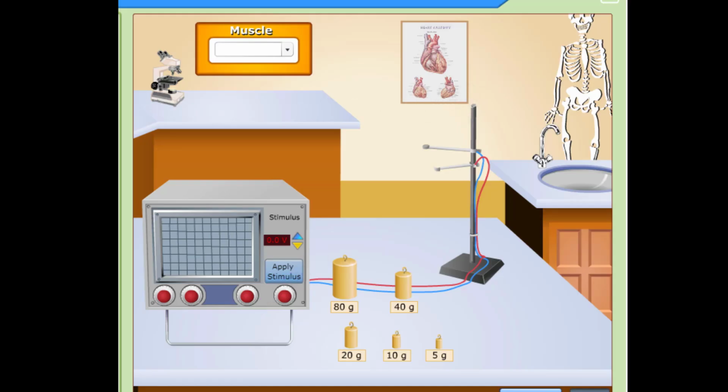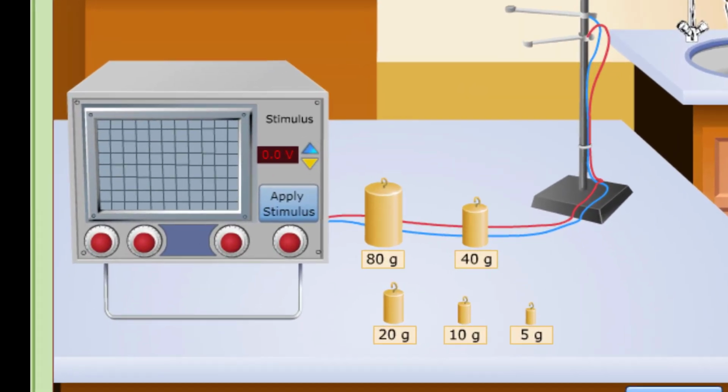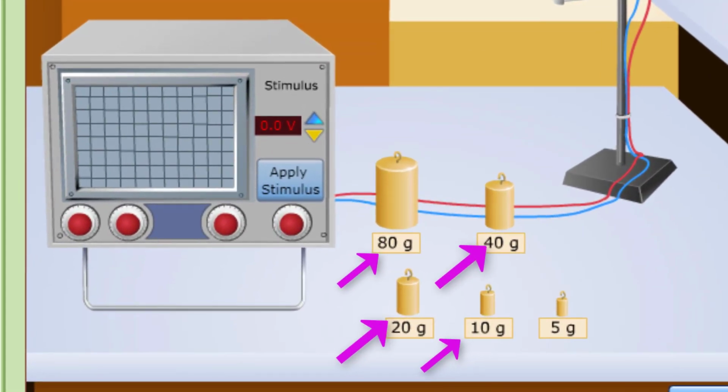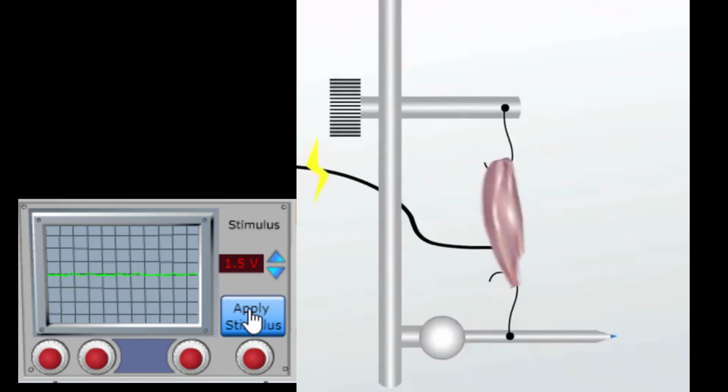To vary the amount of load on a muscle, small laboratory weights can be attached with a hook at the base of the muscle. To determine the muscle's threshold of stimulation under a specific workload, increasingly stronger stimuli are applied to the muscle via the stimulating electrode until a twitch is registered on the oscilloscope trace.